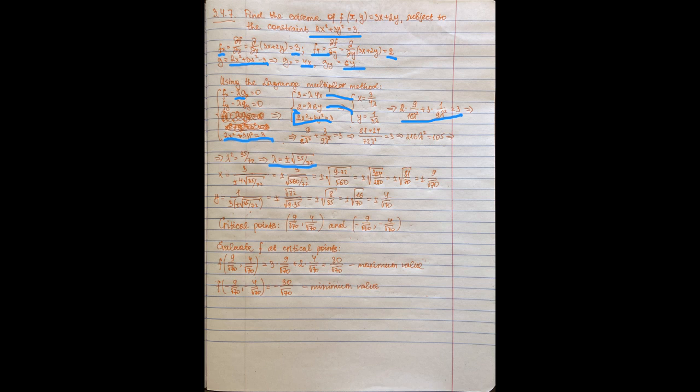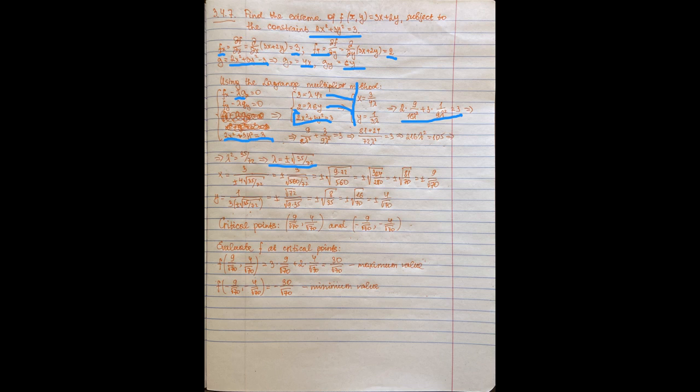And then I get back to these two equations over here. Now I know the values of lambda, actually two values, and I substitute them into these two equations to find x's and y's. Again, it's just simple substitution.